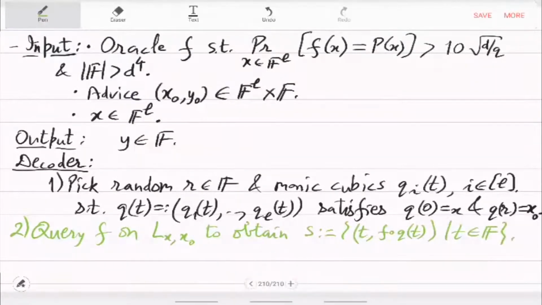So when you query f on a point qt, you get a value in the field, right? So you have collected all these size of f many evaluations. Now many of them may be wrong, right? Given the property of f, many of them may be wrong.